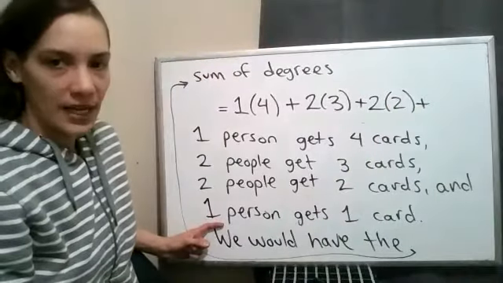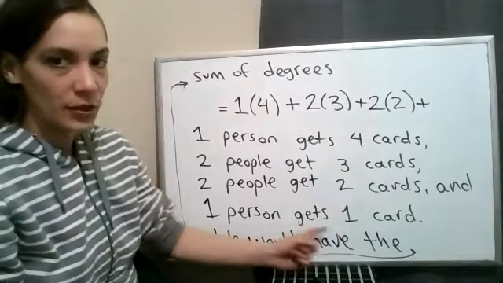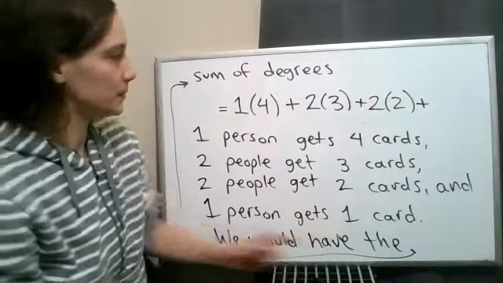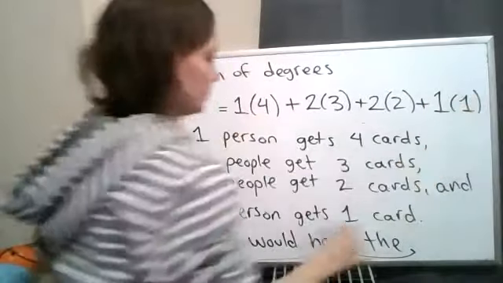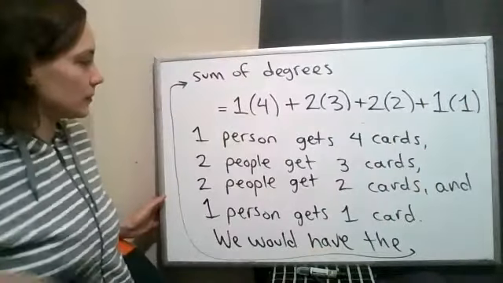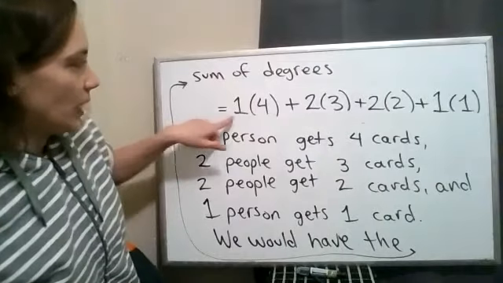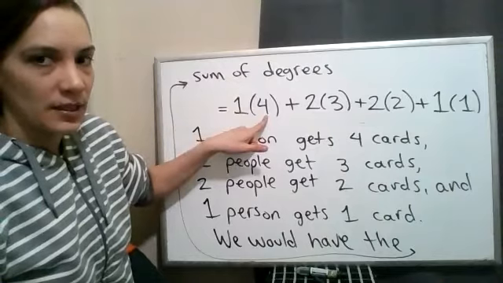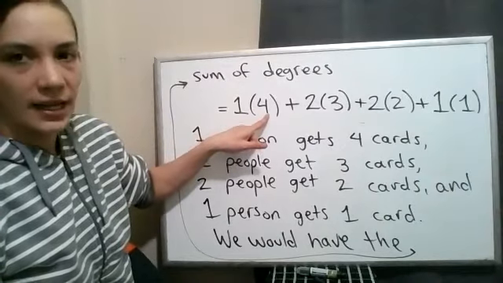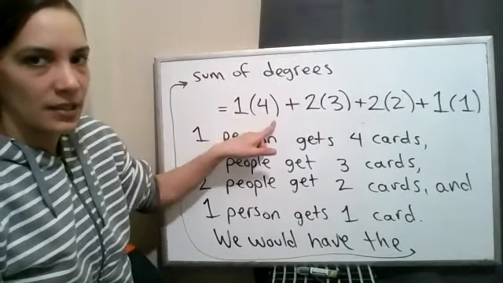And then there's 1 vertex with degree 1, with only 1 connection. So each number outside parentheses was the person, and in parentheses was the number of cards, or that vertex and its degree.